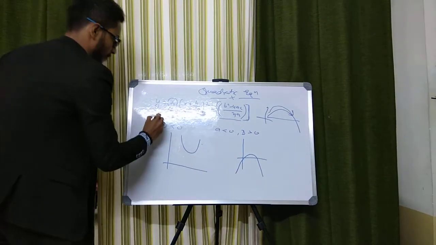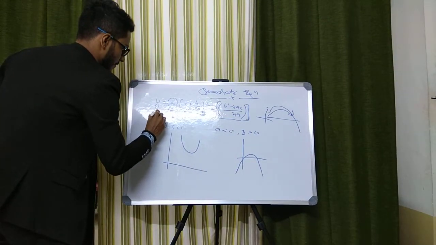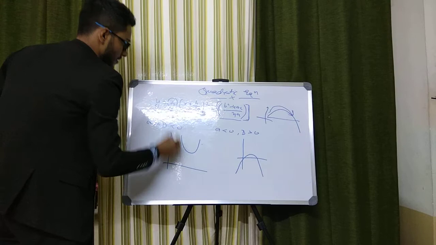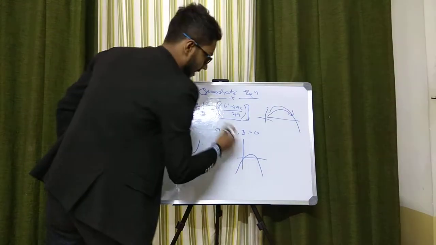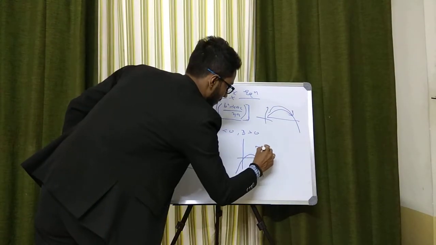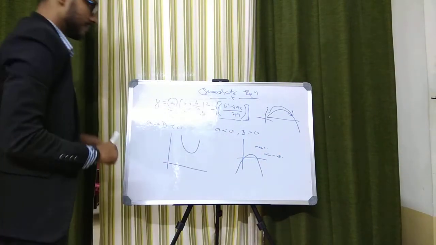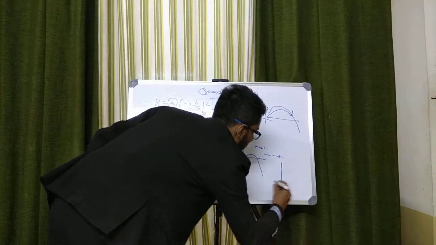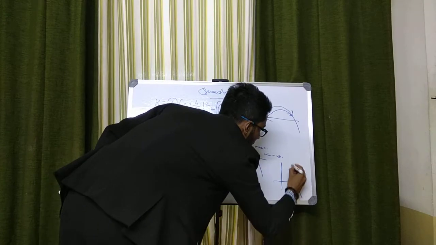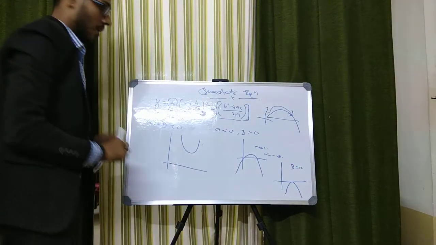For a greater than 0, it will have a minimum value, because maximum can mean infinity. For a less than 0, it will have a maximum value, because minimum can be minus infinity. Correct? And similarly, for d equals to 0, your graph will look like this. Understood?